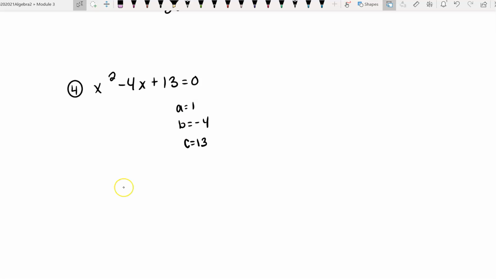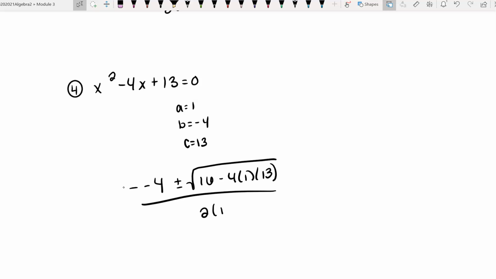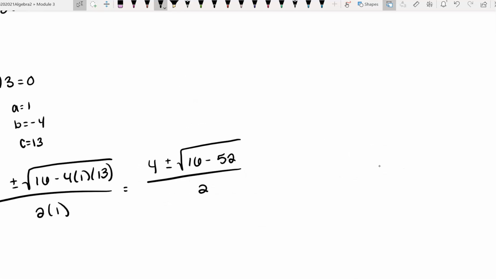Perfect. So negative b plus or minus the square root of b squared minus 4ac all over 2a. Simplify, it'll be positive 4 plus or minus the square root of 16 minus, let's see, 13 times 4 is 52, all over 2. Keep simplifying. I've got 4 plus or minus the square root of, what's that going to be?